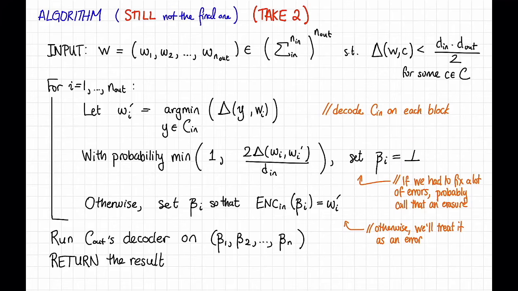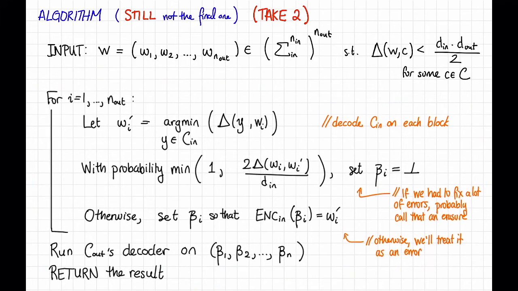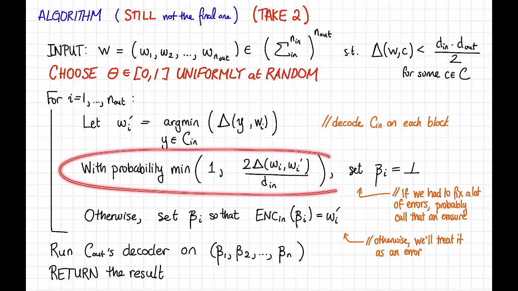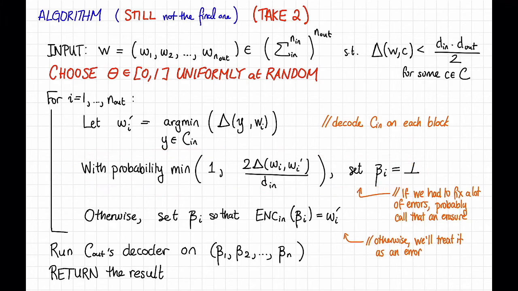What we're going to do instead is make these beta i's not be independent anymore. In particular, we're going to choose some theta in the interval [0, 1] uniformly at random. And then instead of flipping this coin independently down here, we're going to use that theta to make this decision.